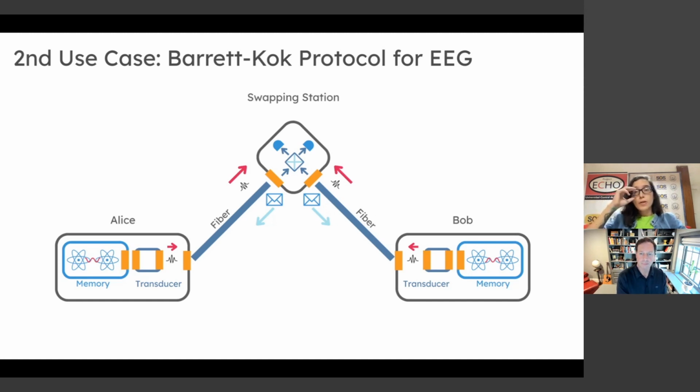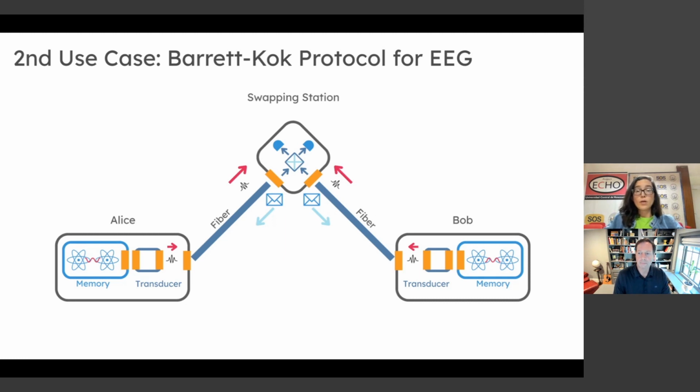So the Barrett-Koch protocol is a two-round protocol for generating elementary entanglement between two neighbor nodes. And so what we're seeing here on the screen is, again, Alice and Bob. They also have a quantum memory, like the previous use case, but this time each of the memories holds 2 qubits.